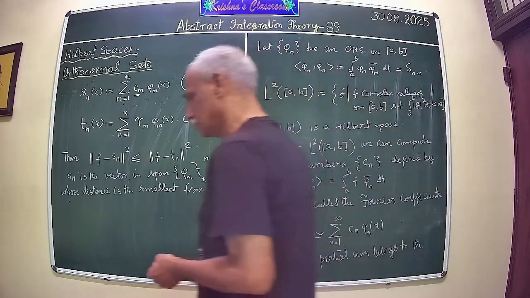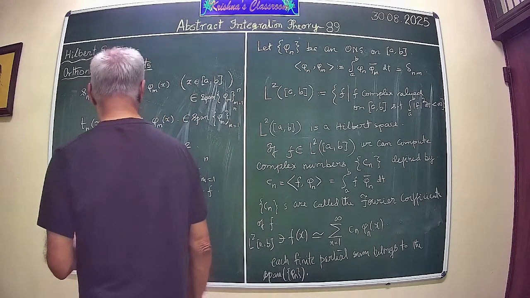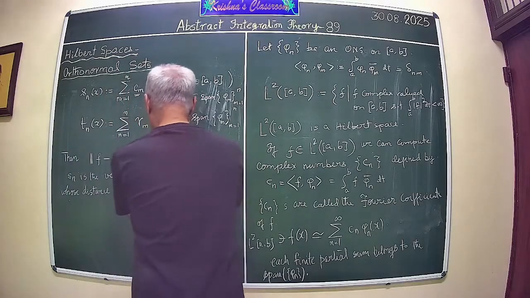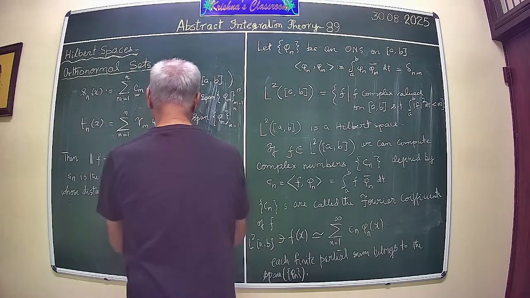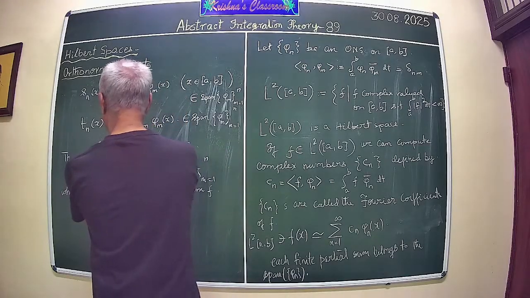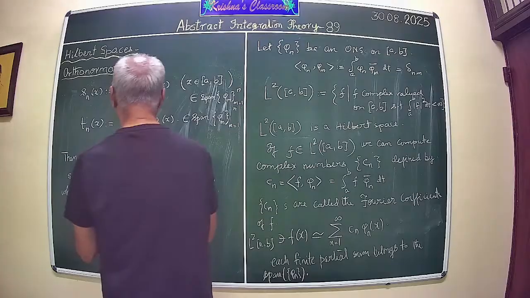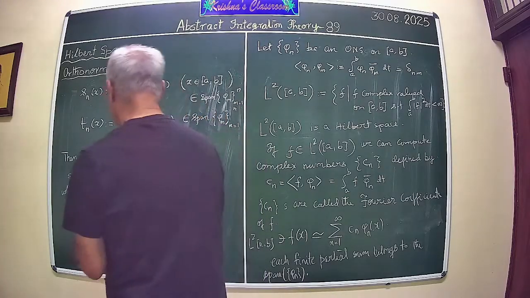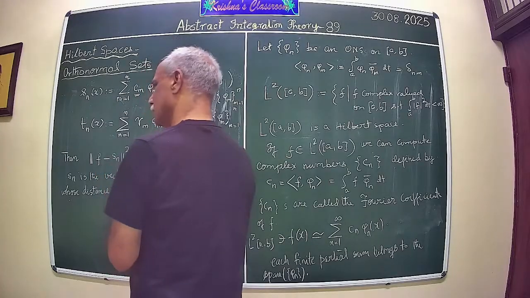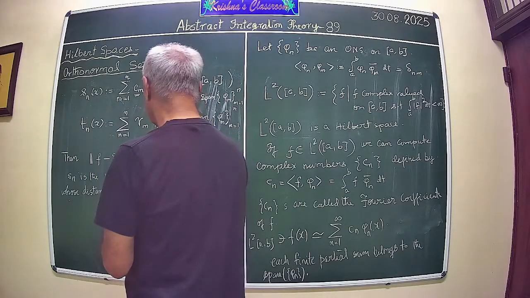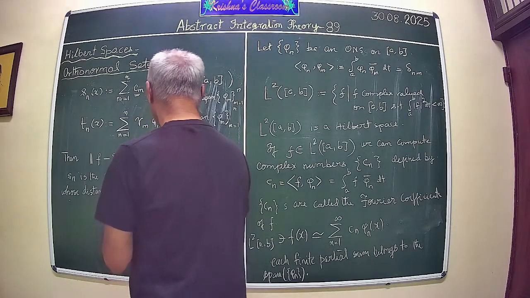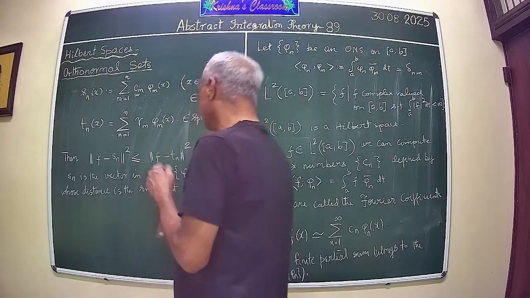That is what this result says. Because T_n is an arbitrary vector in the span of phi_n, whereas S_n is a specific vector constructed using the Fourier coefficients of f, the distance from f to S_n is the smallest distance compared with the distance from f to T_n for any T_n in the span.